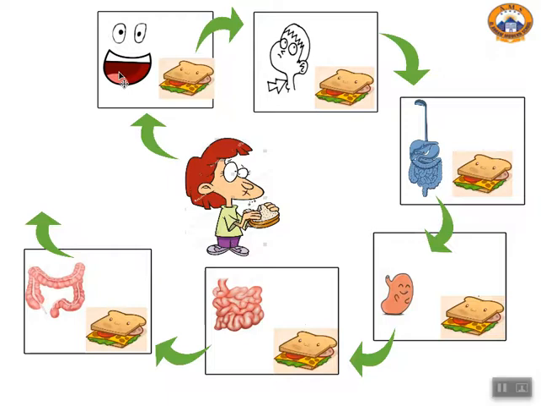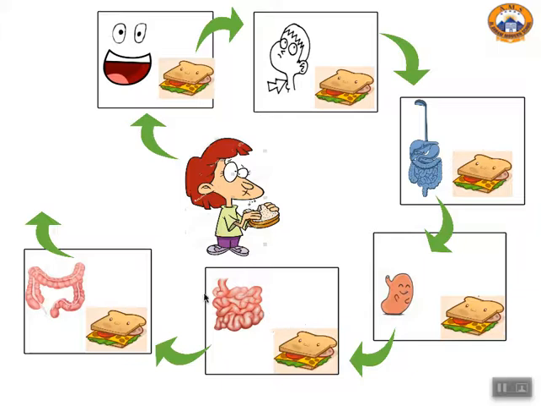Then the food passes to, what's the organ after the mouth? It's the pharynx. After the pharynx, the food will go down through the tube known as esophagus. Then the food goes to the stomach. After the stomach, do you remember? The organ after the stomach is the small intestine. Good.